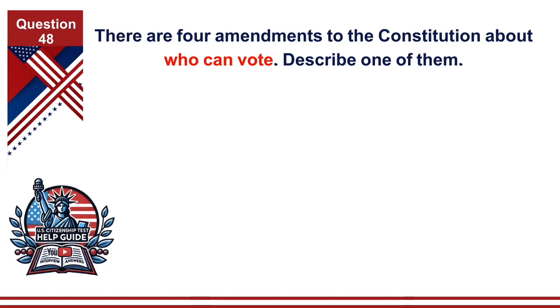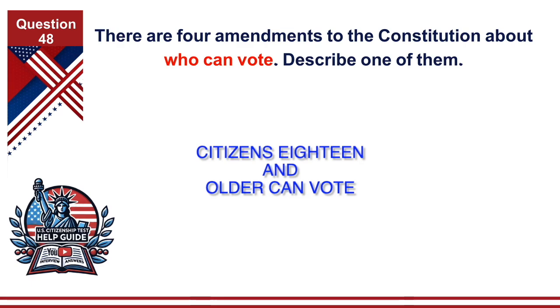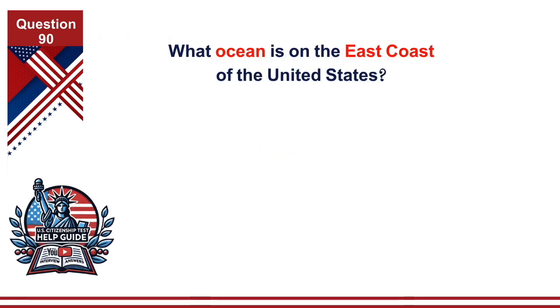Describe one of them. Citizens 18 and older can vote. What ocean is on the east coast of the United States? Atlantic Ocean.